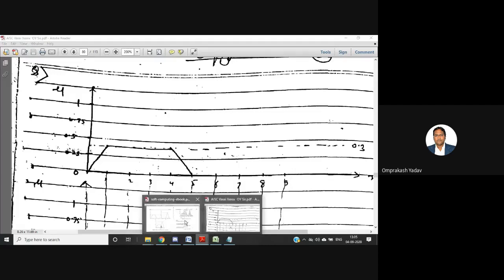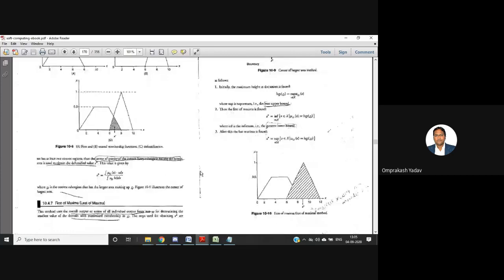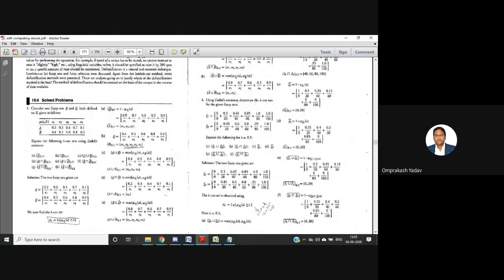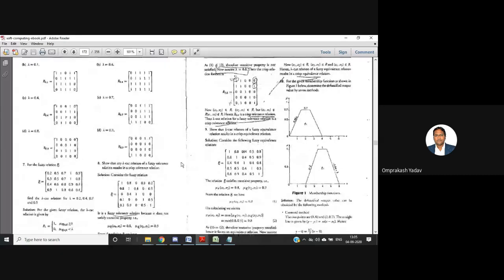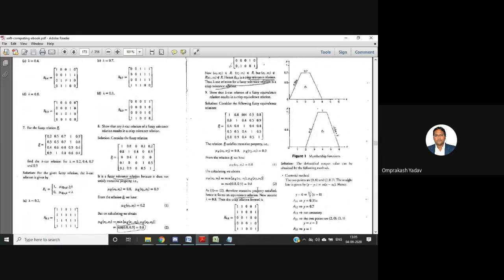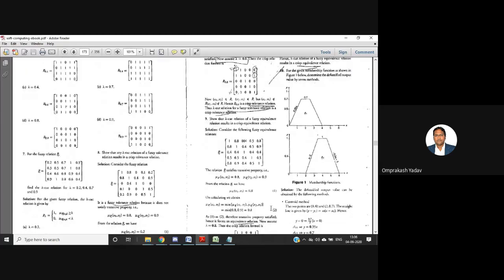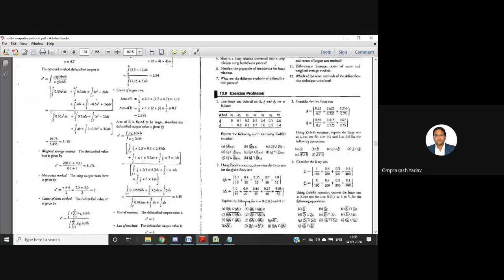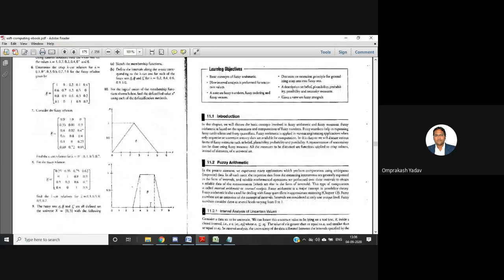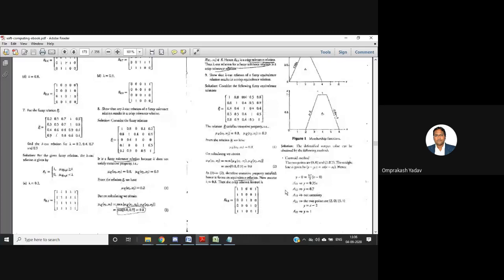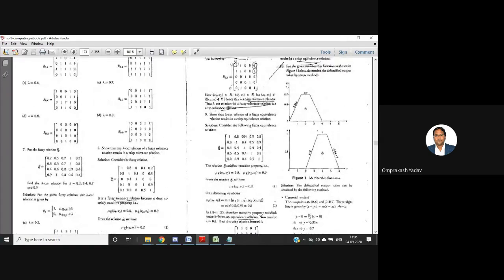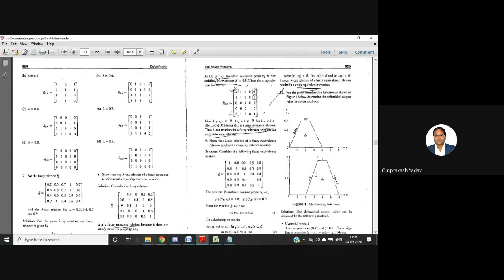Let me check whether this diagram is there in the book also. Okay, do one thing.